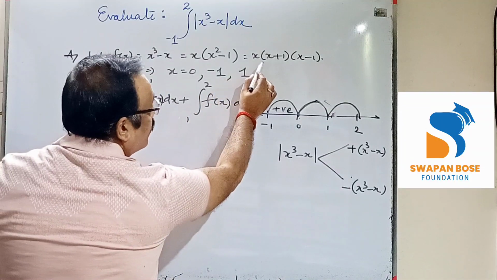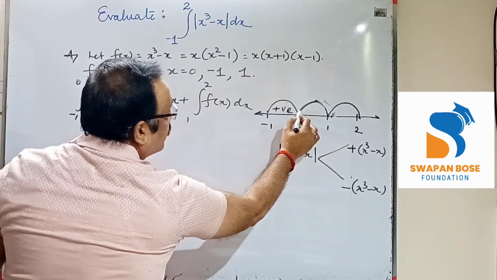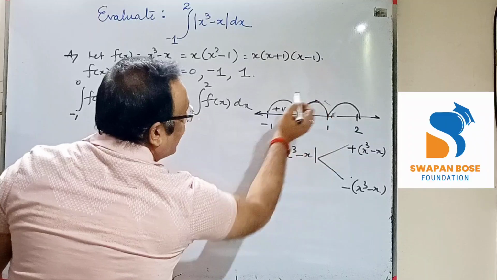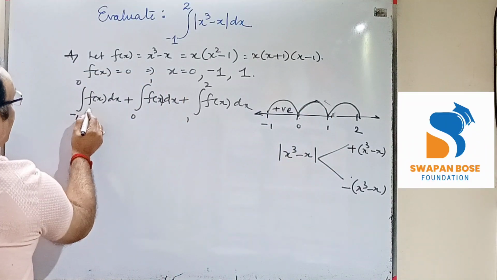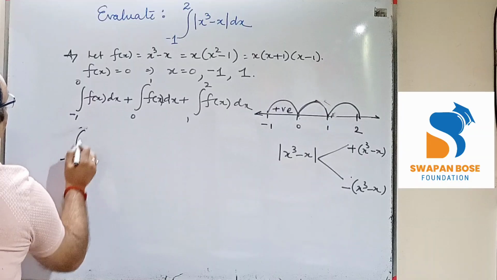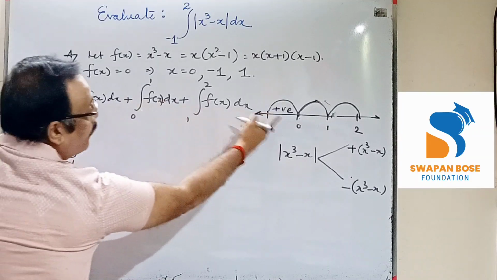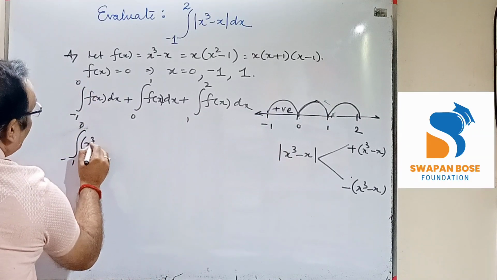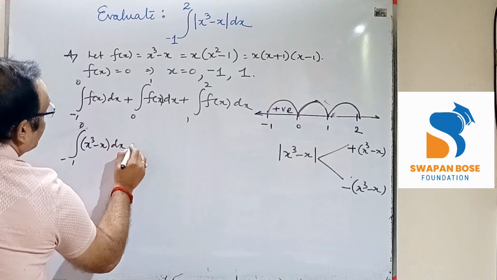If you have understood how I have done it, you can similarly try the other parts. So this will be positive, and we can write minus 1 to 0 of x cube minus x dx.